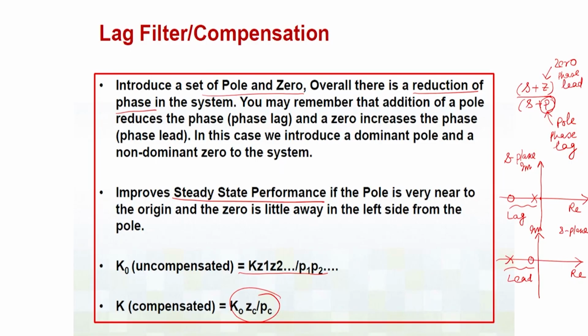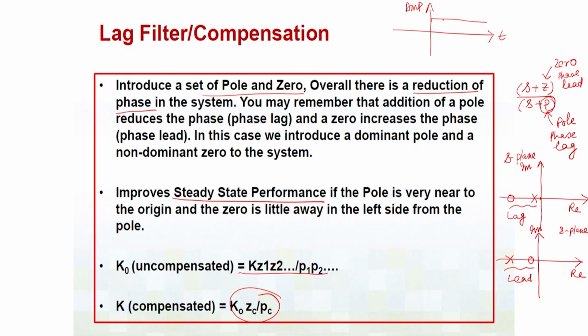So let us say I keep a unit step input to the system, something like a unit step input with respect to time. So this is time and this is amplitude, and we give a unit step input as a reference signal. So, when I am talking about steady state performance improvement, that is telling how good the system will be able to follow this command.